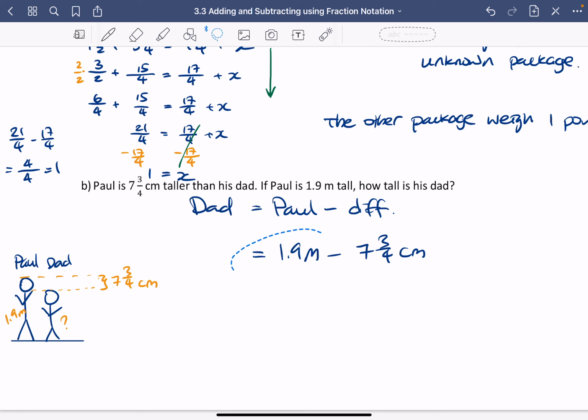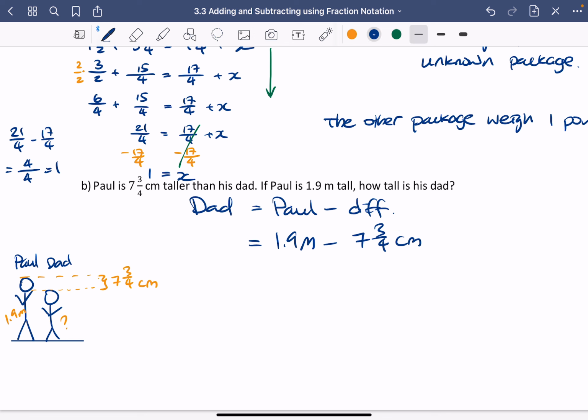I know that 1 meter is equal to 100 centimeters, so 1.9 meters will of course equal 190 cm. So I can change 1.9 meters to 190 centimeters, minus 7 3/4 centimeters will equal his dad's height.